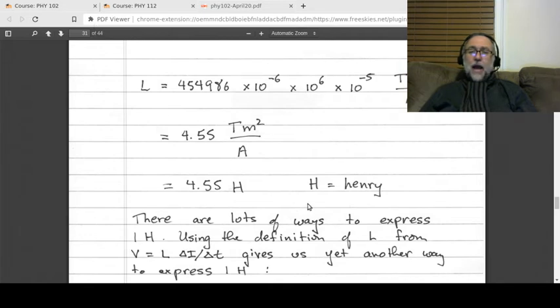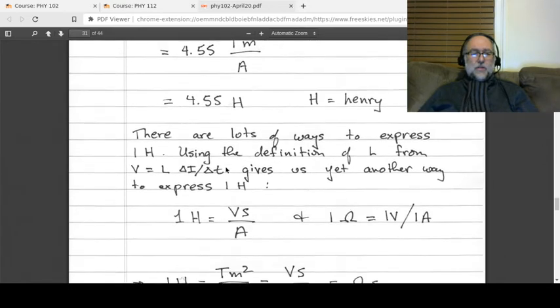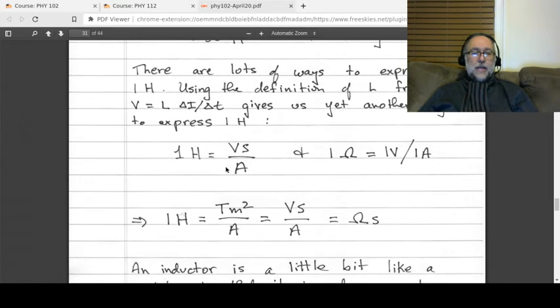Now, the units in electromagnetism go wild. We're going to work with Henrys a little bit, so it's good to see how a Henry relates to some of the other units. Another way to understand a Henry is to express it as a volt second per amp.